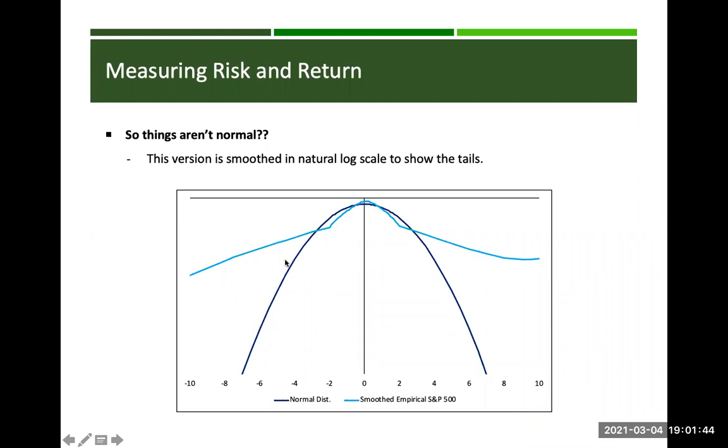And again, it's hard to see here, but the tail on the downside is bigger. It's wider, or some statisticians call it fatter tails. It's called excess kurtosis, if you want to use the technical term for it. Excess kurtosis on both sides, and it's got skew, negative skew to the left side.